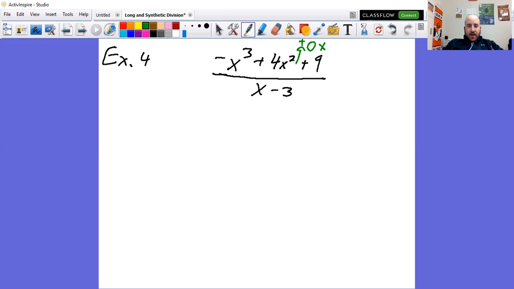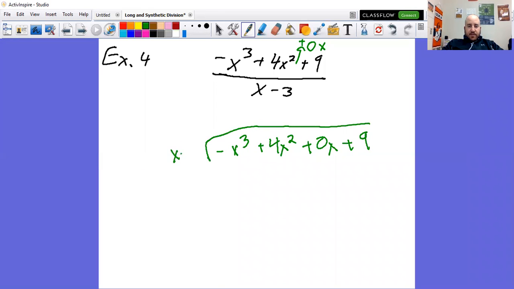So plus 0x plus 9. So if you were to do this as long division, you would have -x cubed plus 4x squared plus 0x plus 9 divided by x minus 3 if you were to set that up for long division.